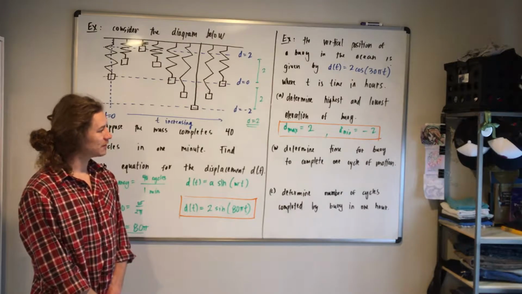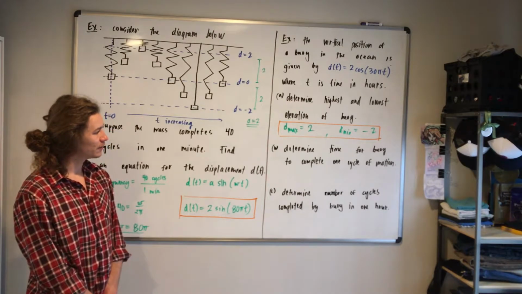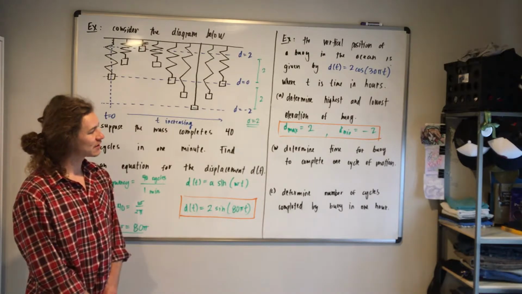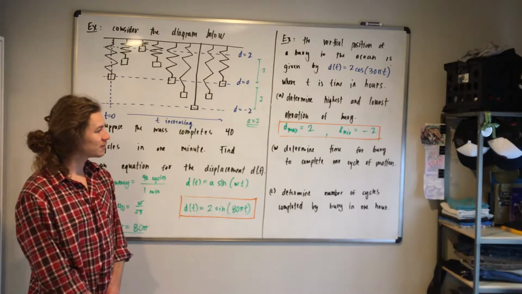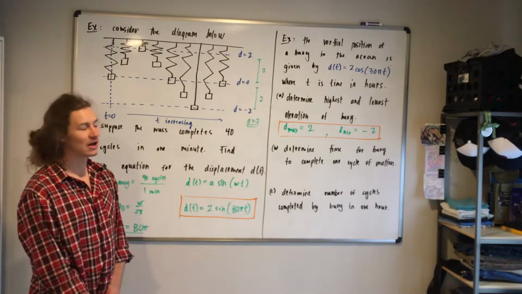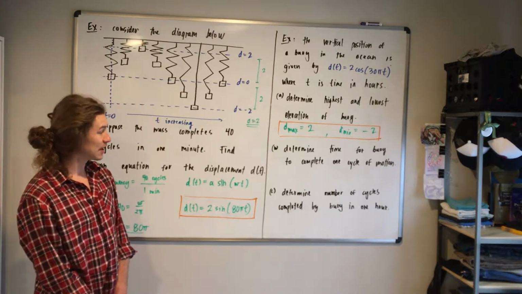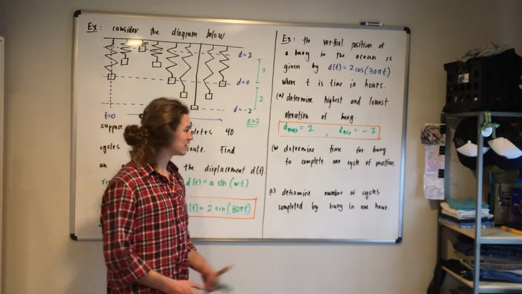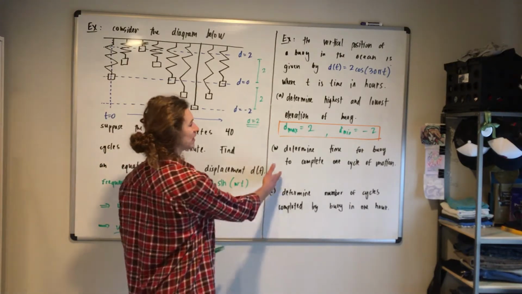Let's go ahead and look at part B. Determine the time for the buoy to complete 1 cycle of motion. So the time it takes the buoy or any object to complete a cycle of motion is the time it would take to complete 1 period, or the value of that period. So we just need to find the period.